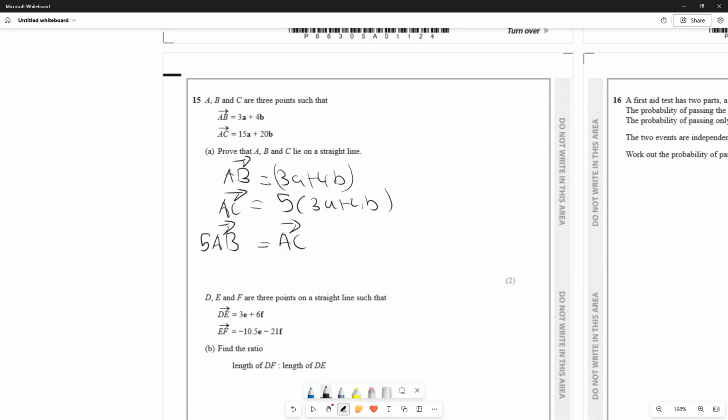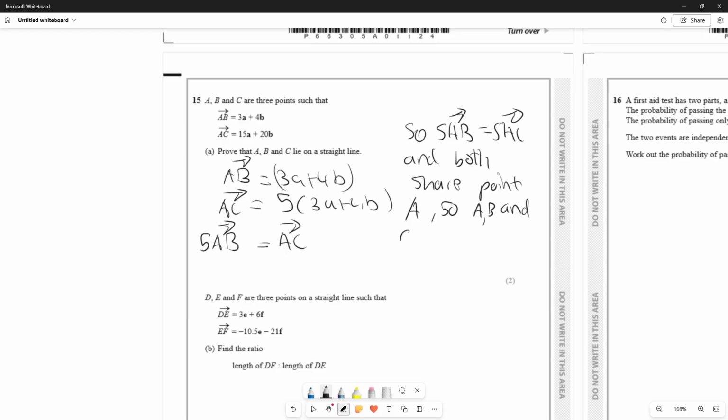So 5AB equals AC. And both share a point. So A, B, C are on the same line.